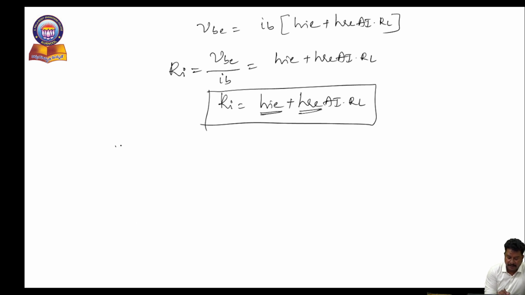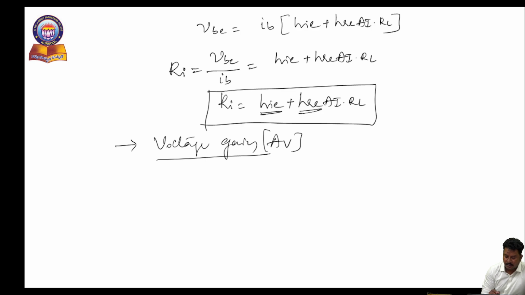The next parameter is voltage gain. Voltage gain is defined as AV. As I defined, gain is output by input. The suffix V indirectly tells us that it is voltage gain.